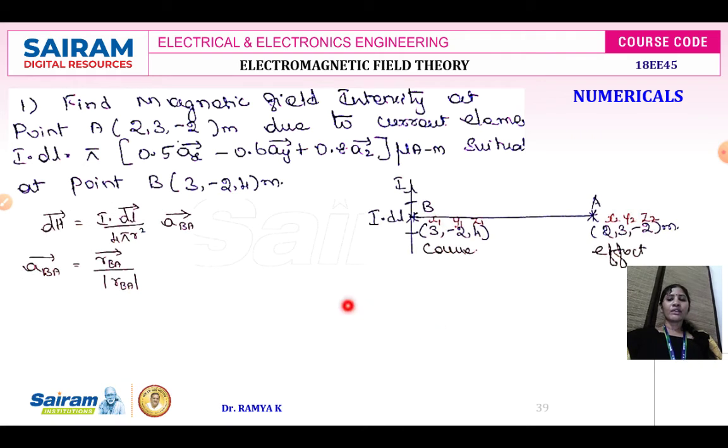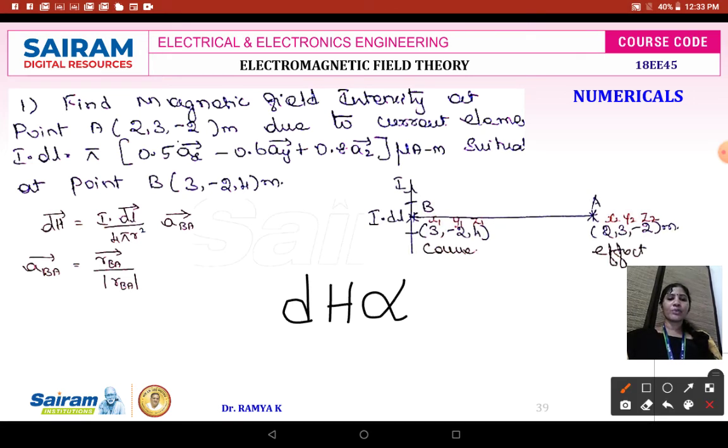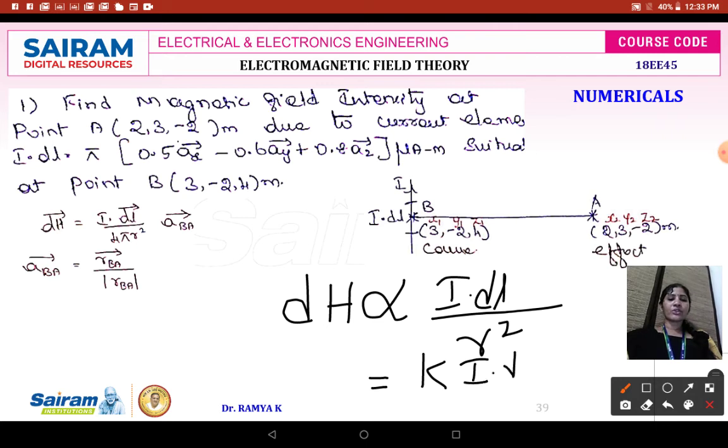According to Biot-Savart's law, the differential magnetic field intensity is directly proportional to the current element I dl and inversely proportional to the square of the distance. To remove the proportionality, we add a constant k, giving k I dl divided by r square. The value of k is 1 divided by 4 pi.